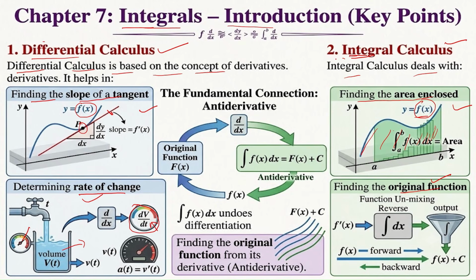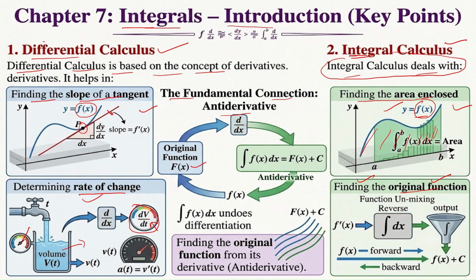Now, what does integration deal with? It deals with the area bounded by the curve and getting the original function from its derivative. That is the two cases. Then the fundamental connection between differentiation and antiderivatives. What is the fundamental relation between differentiation and integration? There is a function capital F of x.